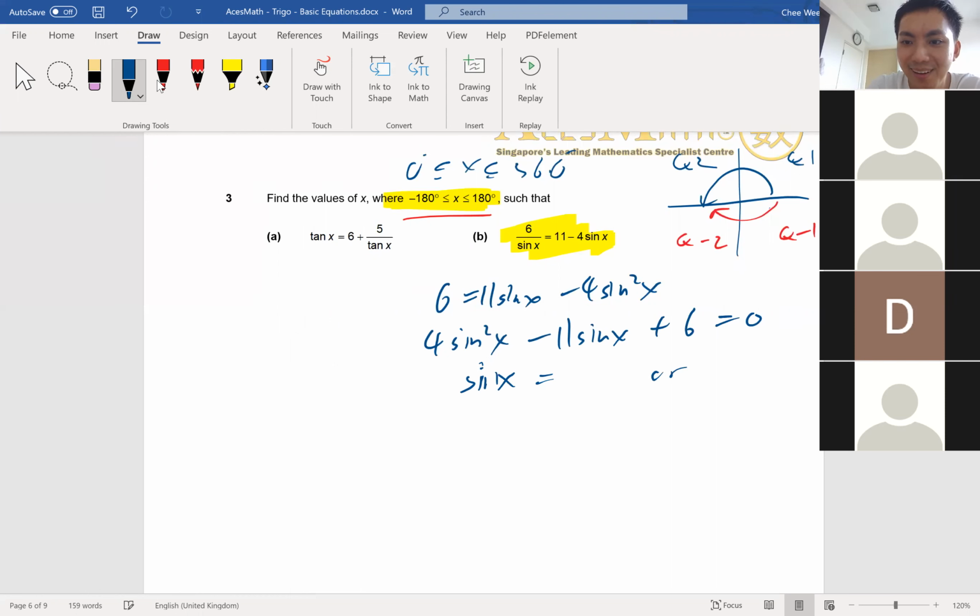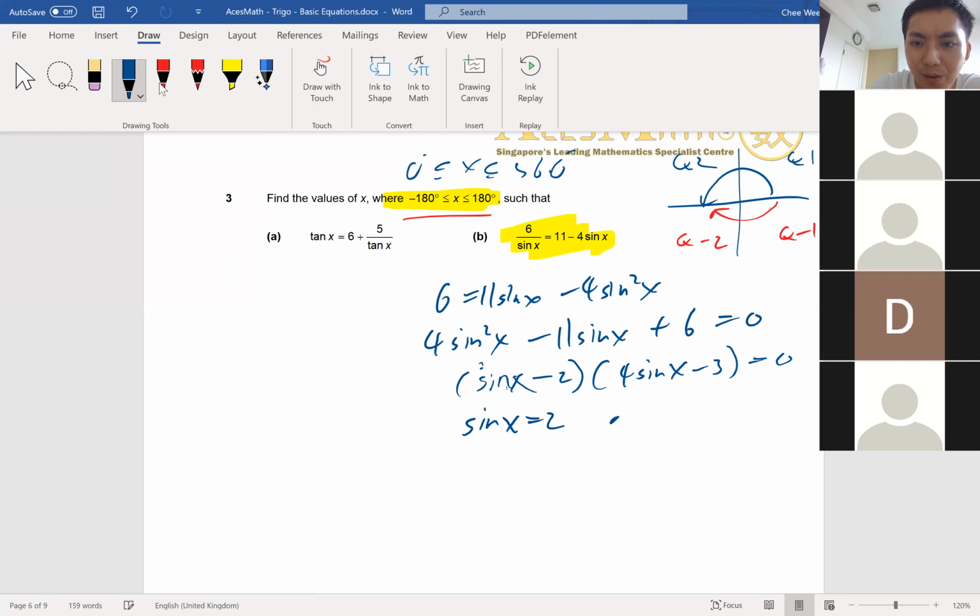Hello? Sine x minus 2, or 4 sine x minus 3. Okay, so sine x is equal to 2 or 4 sine x minus 3, is it?